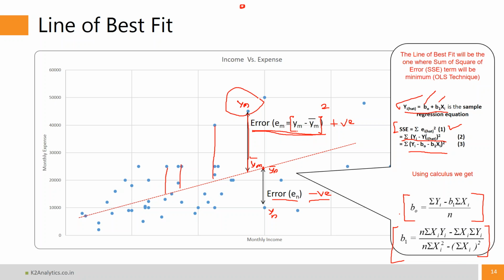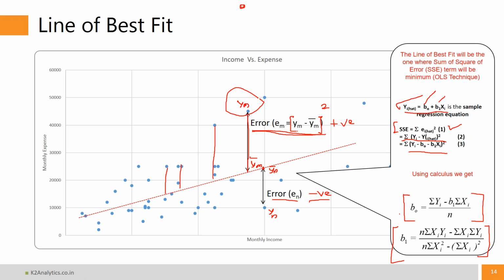Whichever tool you use, R, SAS, KNIME, Weka, MATLAB, once you provide the data, you simply say which variable is your y variable and which are your x variables. The tool will do all the calculus in the background. It will run all the regression steps in the background and give you the equation.